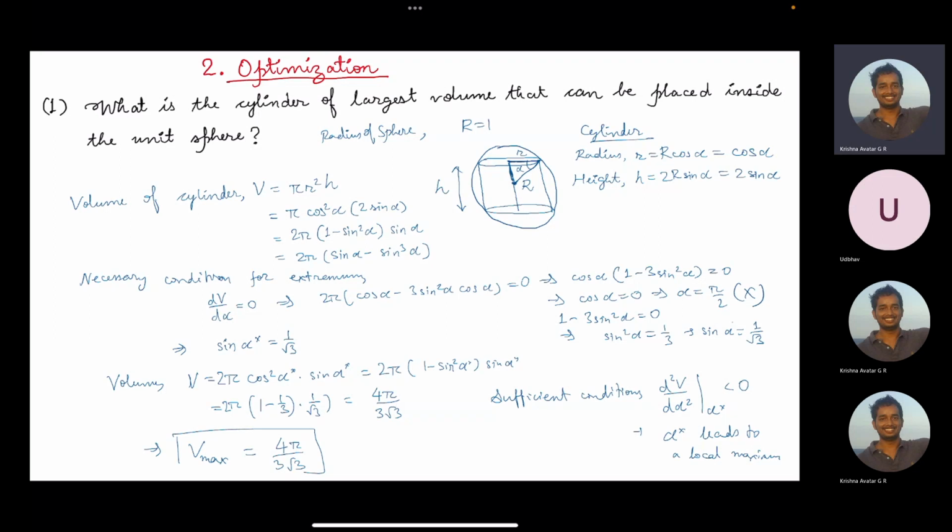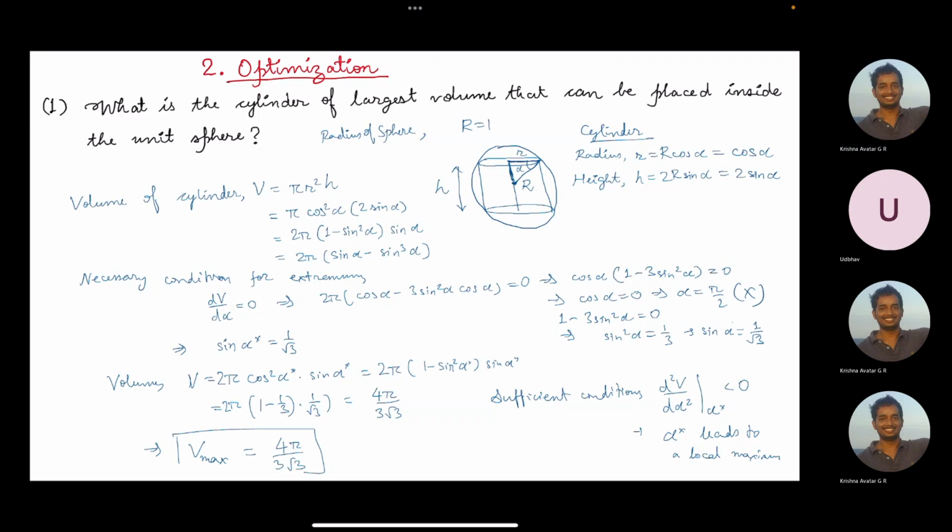The volume of the cylinder is V equals pi r square h. Now we put the expressions of r and h in this, which gives us pi cosine square alpha times 2 sine alpha.